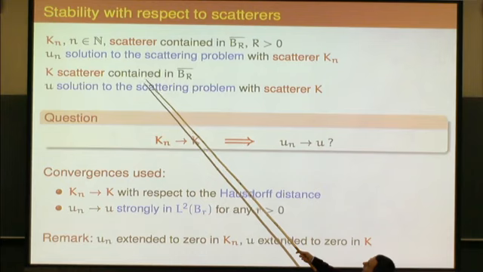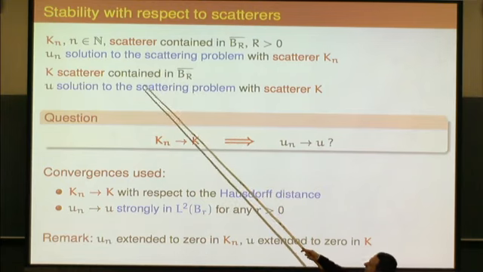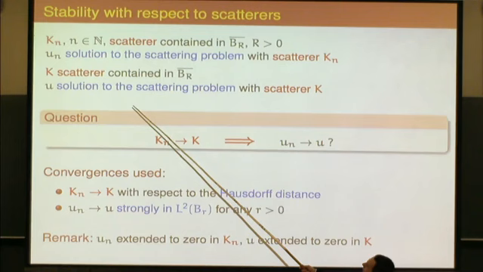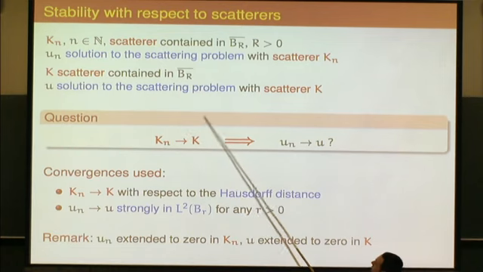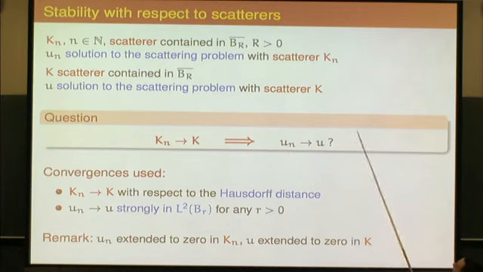If you take a sequence of scatterers Kn and the corresponding solution, and you take a scatterer K and its corresponding solution, the question is simply the following: what happens if Kn converges to K in some sense? Does this mean that Un, the solutions, are converging in some other sense?